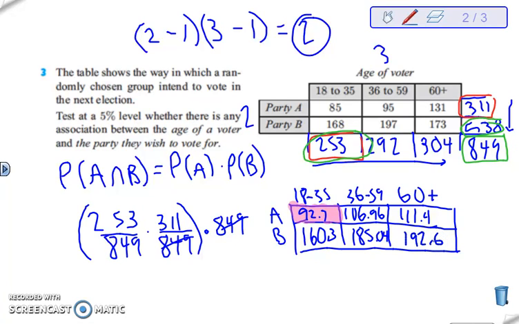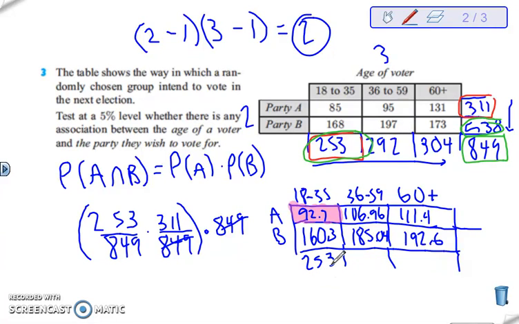And if I did it correctly, the totals of this table should be exactly the same as the totals of the previous table. So if I add 92.7 and 160.3, that should give me 253.